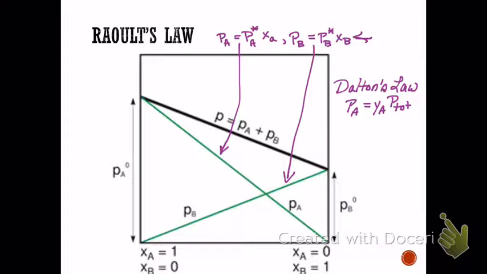Dalton's law relates the partial pressure of a gas to the mole fraction in the vapor phase, and that it is multiplied by the total pressure to get the partial pressure. So you'll notice that we're using a different symbol or term for mole fraction in the vapor phase here so that we don't get them mixed up. So from this point forward, we'll use X when referring to the mole fraction in solution, and we'll use Y when referring to a mole fraction in the vapor.